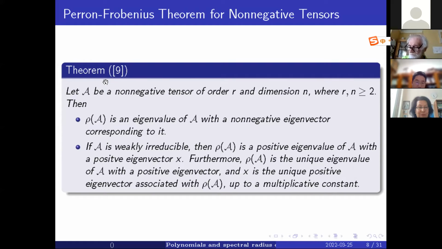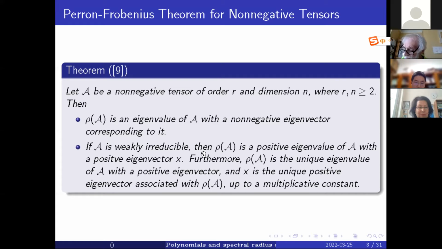This is a fundamental result, which can be viewed as an extension and generalization of the Perron-Frobenius theorem for non-negative matrices. Now it is for non-negative tensors. Let A be a non-negative tensor of order r and dimension n, where these numbers are greater than or equal to 2. Then the spectral radius of A is an eigenvalue of tensor A with a non-negative eigenvector corresponding to it.